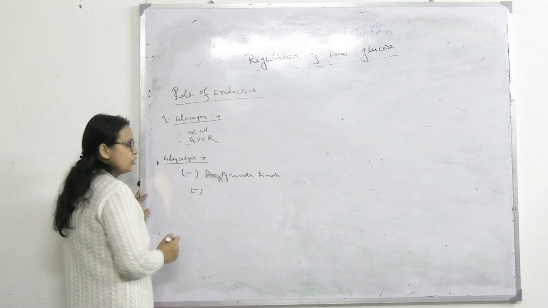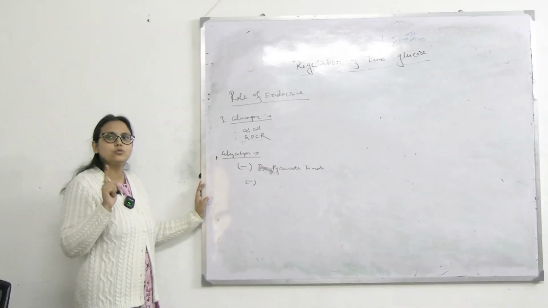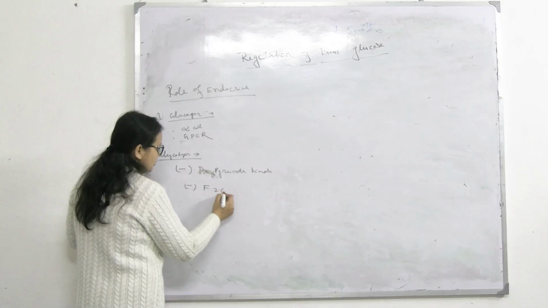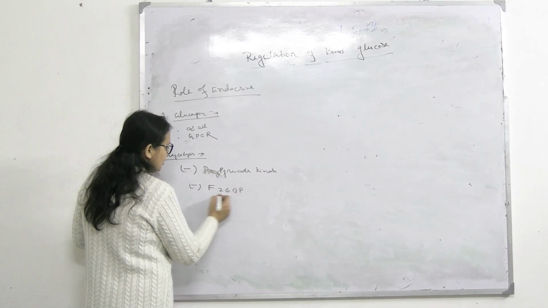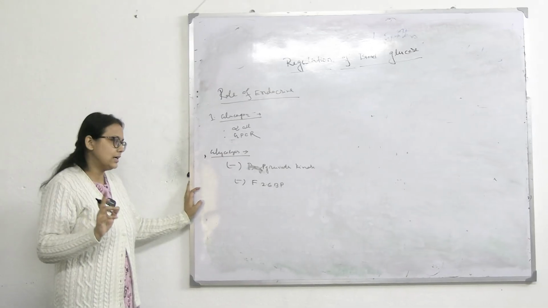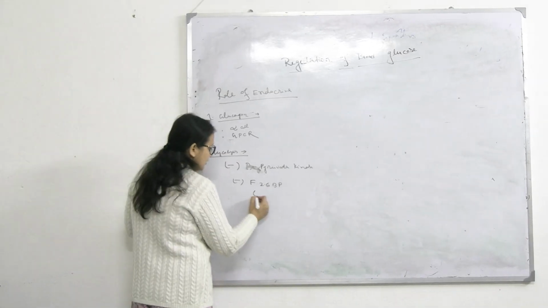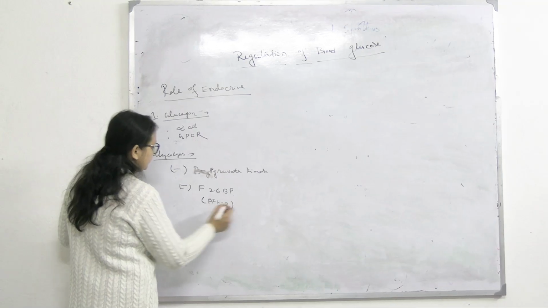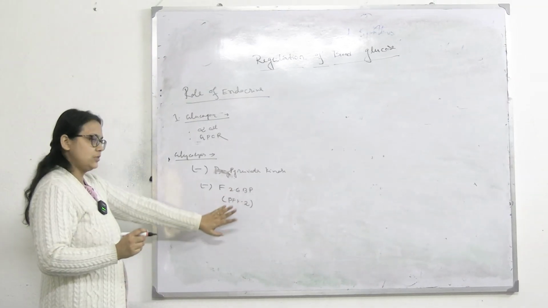It inhibits production of fructose 2,6-bisphosphate. Fructose 2,6-bisphosphate is not a product of glycolysis. It is a product by the action of phosphofructokinase 2. So it inhibits fructose 2,6-bisphosphate.